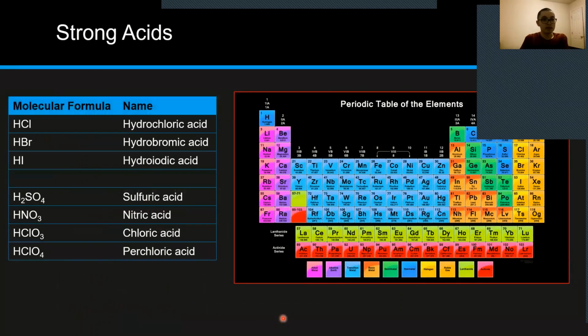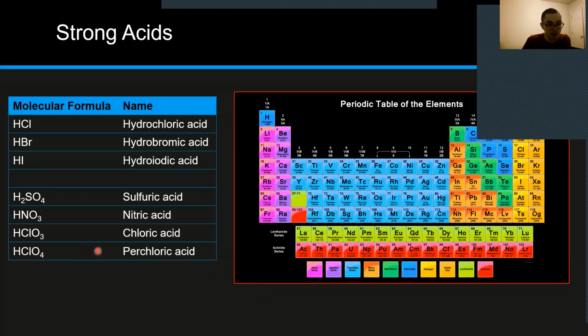All right. So I mentioned earlier that HBr, hydrobromic acid, is a strong acid. The easiest way to keep track of which is a strong acid and a weak acid is to look at how many strong acids there are and how many weak acids there are. There are a lot of weak acids, whereas with strong acids, we only have 7, some would say 6, that are important on the MCAT.